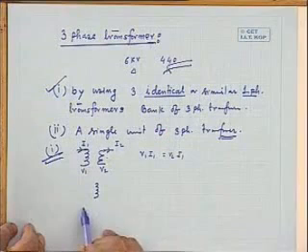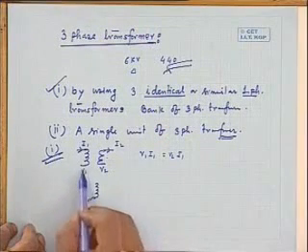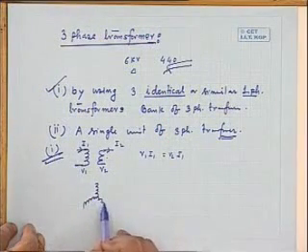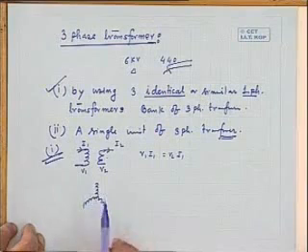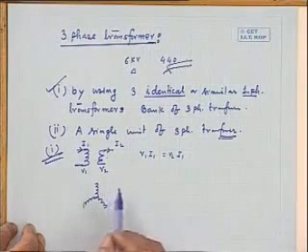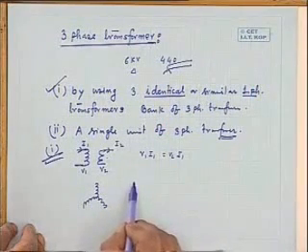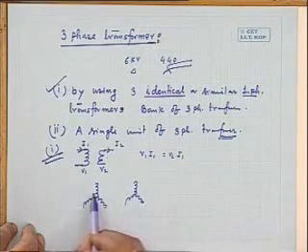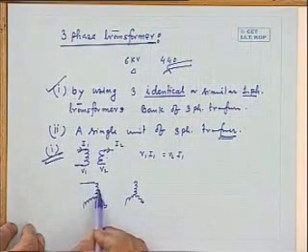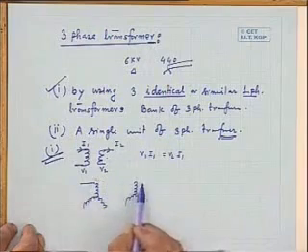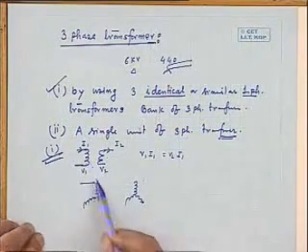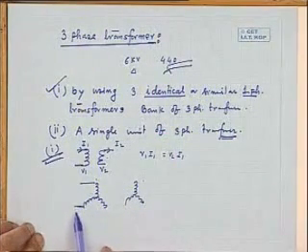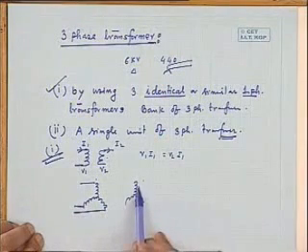Now, what I am trying to tell is that suppose I connect the primaries of these three in star, and the secondaries also I connect in star. This is the primary side, secondary side.